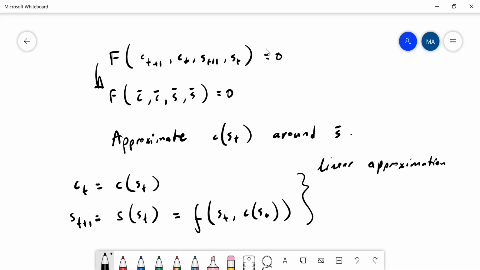I mean, I will not explain how you solve the system. So there are some algorithms, such as the Blanchard-Kahn algorithm. So I'm not going to go into that detail. Okay, you can find it in the Uribe paper.